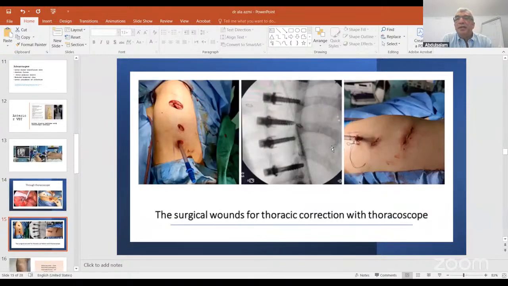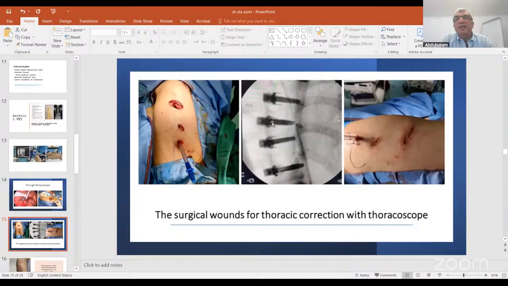And we can see here, on the left side, I'm sorry, the proximal one is the main incision, and here is one for the chest tube, and the one in between, in the left picture, is the one for the scope.